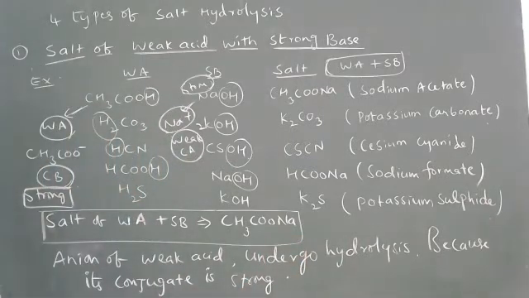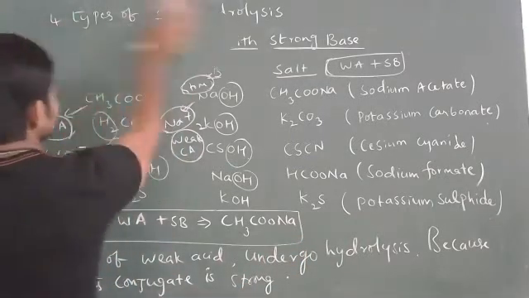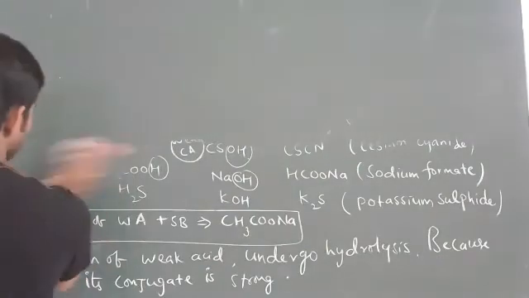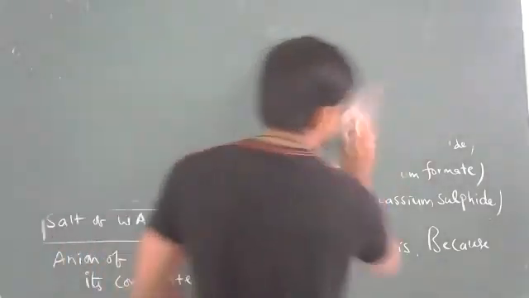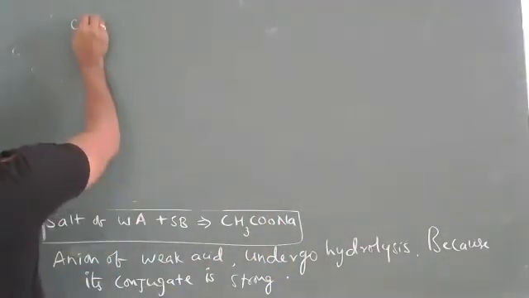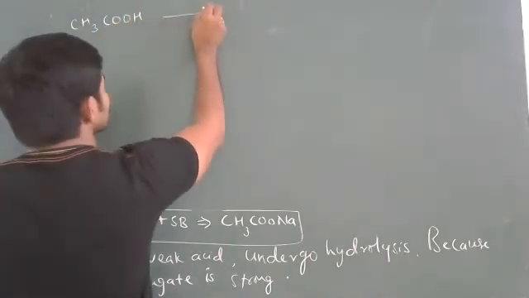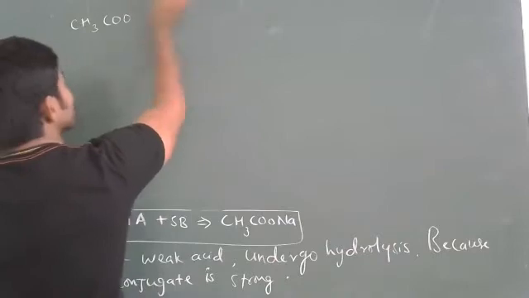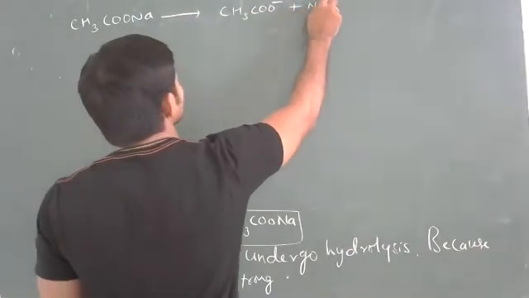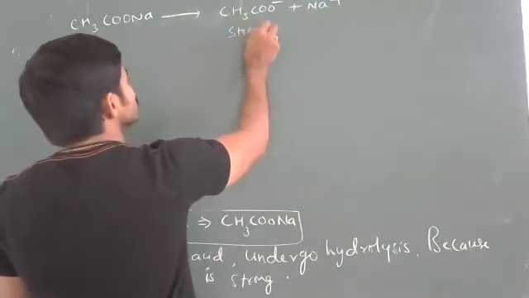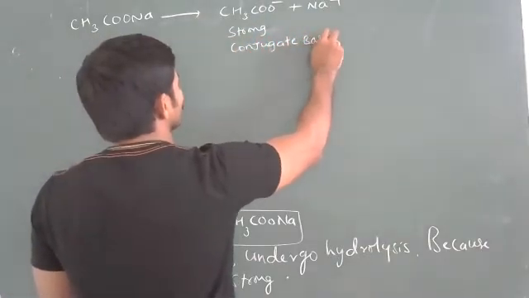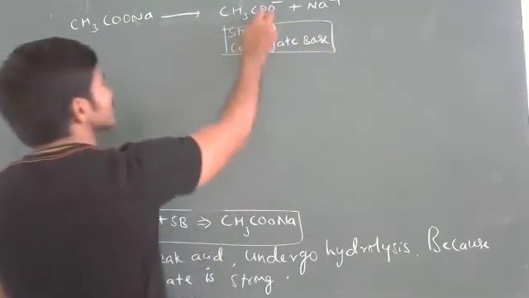So let me write a reaction here. CH3COONa on dissociation gives CH3COO minus plus Na plus. This is the strong conjugate base, so this will undergo hydrolysis.